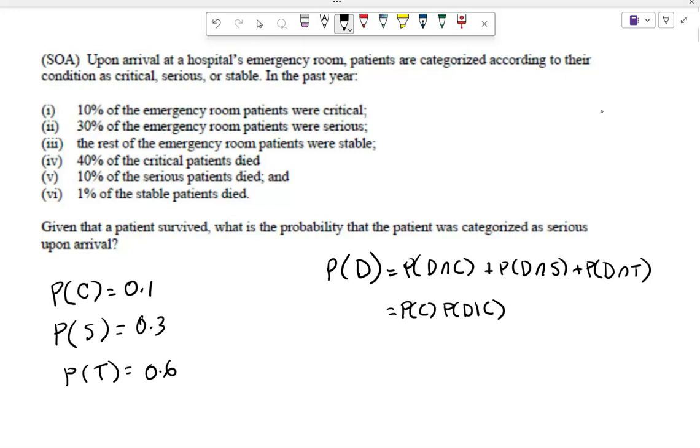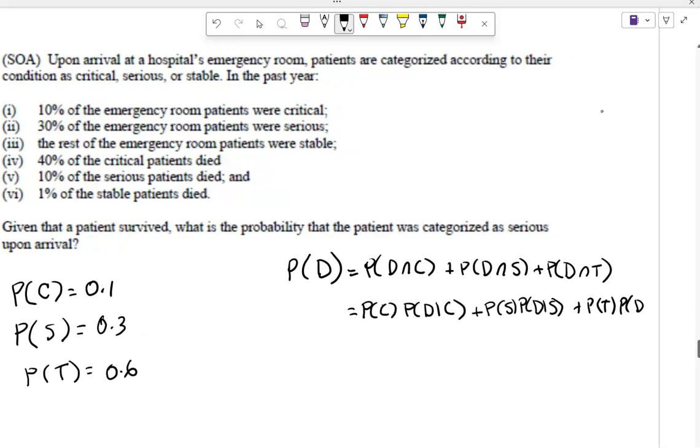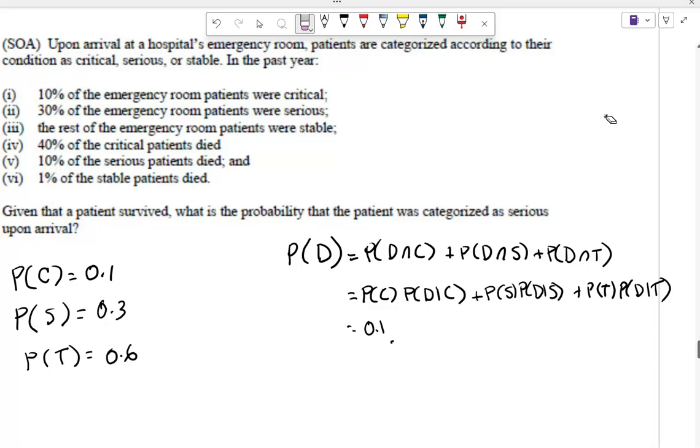Now I should be able to figure out each of these pieces and get the probability of death. It sounds so morbid. I know all these values now, don't I? Probability that it was critical is 0.1. Probability of death given critical is what? 0.4.